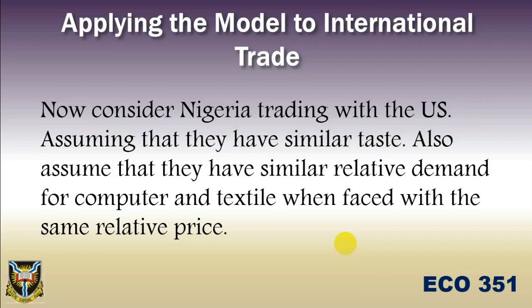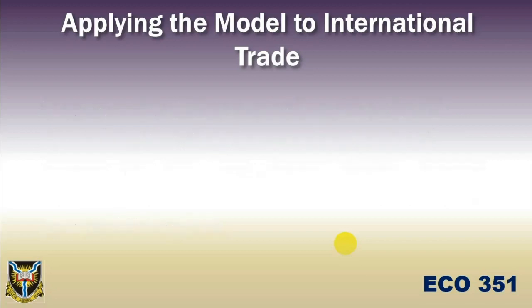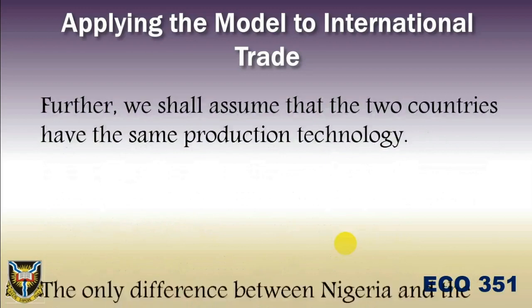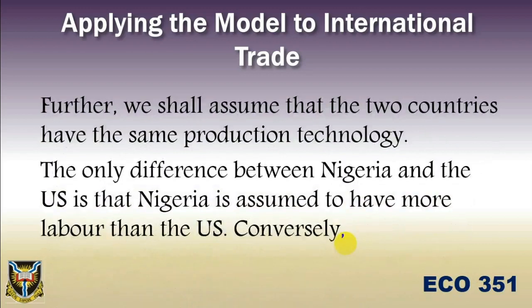Now consider Nigeria trading with the US, assuming that they have similar taste. Also assume that they have similar relative demand for computer and textile when faced with the same relative price. Further, we shall assume that the two countries have the same production technology. The only difference between Nigeria and the US is that Nigeria is assumed to have more labor than the US.